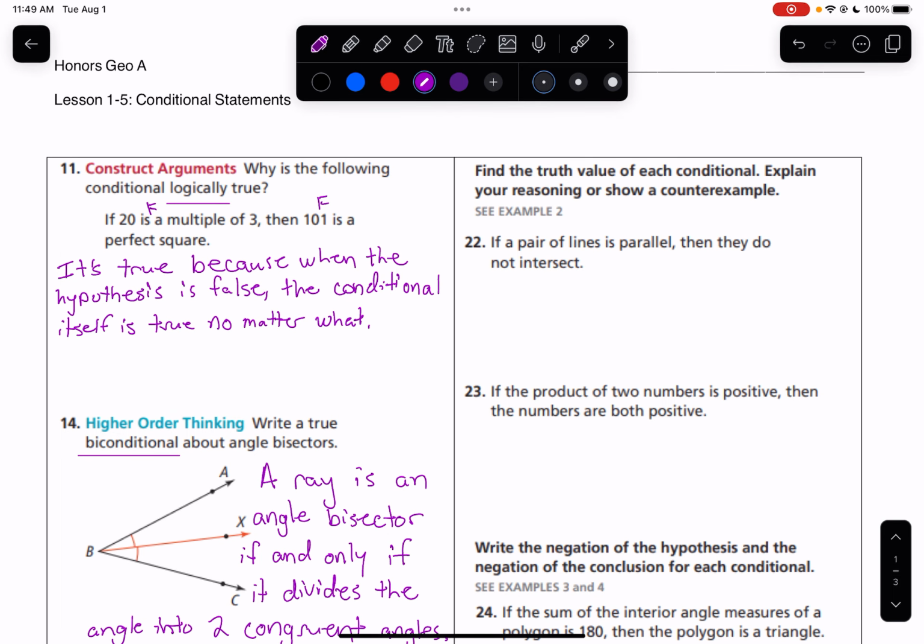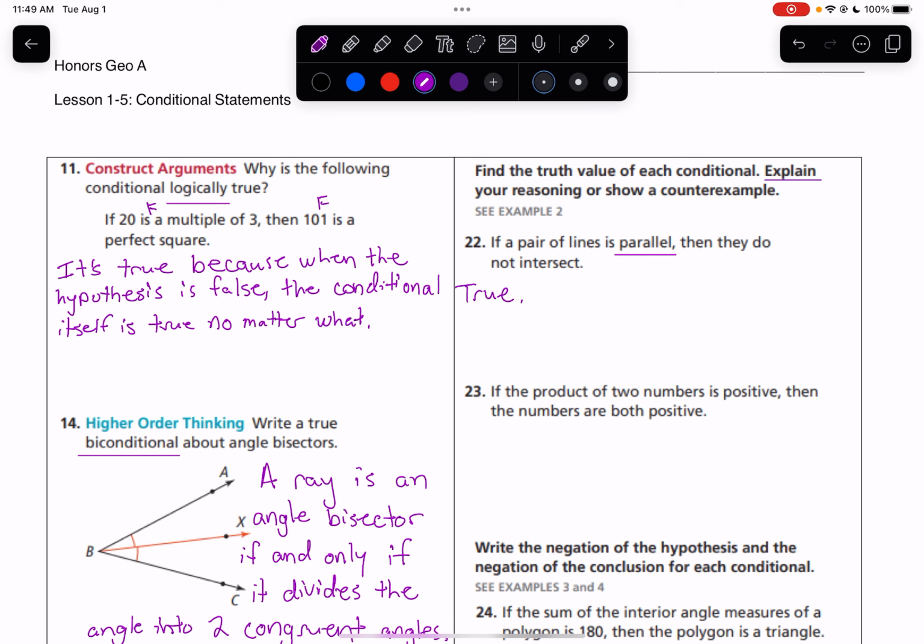All right, let's go on to the other side. So find the truth value of each conditional and explain your reasoning or show a counterexample. So number 22, if a pair of lines is parallel, then they do not intersect. We know this to be true because we know that the definition of parallel lines includes the fact that they don't intersect. So we can say this is true, and we can use the definition to explain.